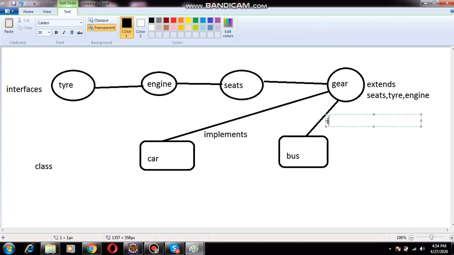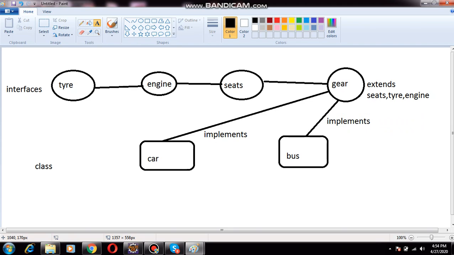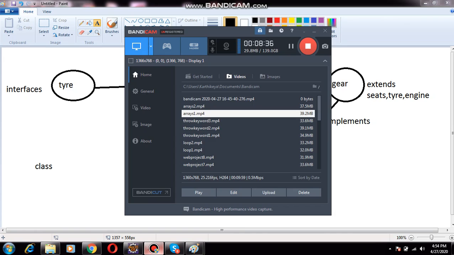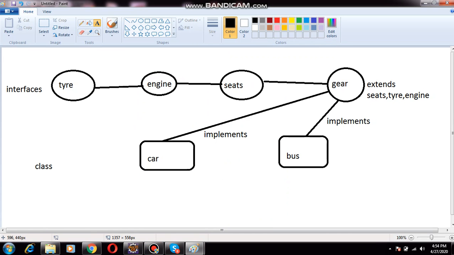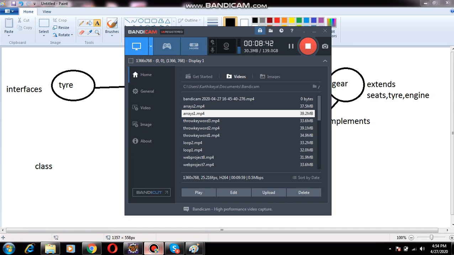Bus also implements gear, so all these properties again come to the bus. This is the advantage of using the interface concept: at a time we can extend multiple interfaces. Now I will show the practical example for this.